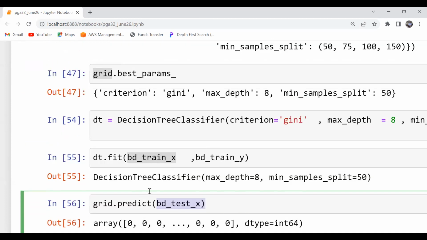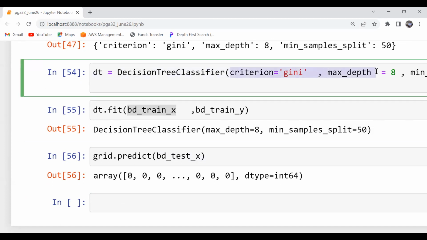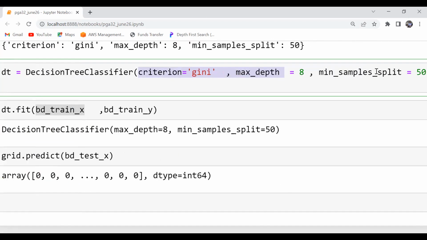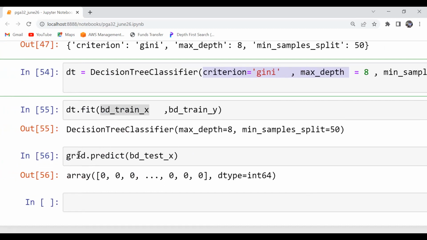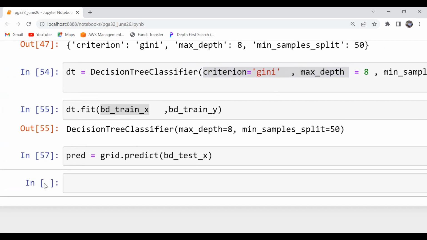Now these predictions are done based upon criteria equal to Gini, max depth equal to 8 and minimum sample split equal to 50. So after this, let me say you store the result in your some variable, and then can I say where you build the confusion matrix still remains the same, ठीक है ना.